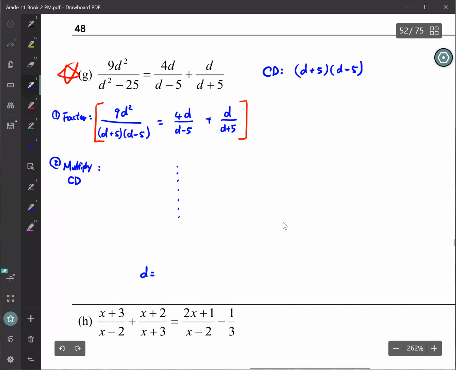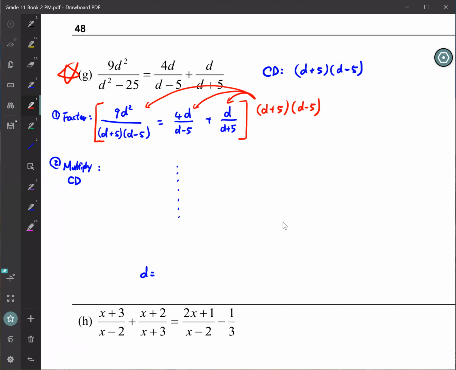So we take that and multiply it to each of the fractions. We have a couple people who got the answer.